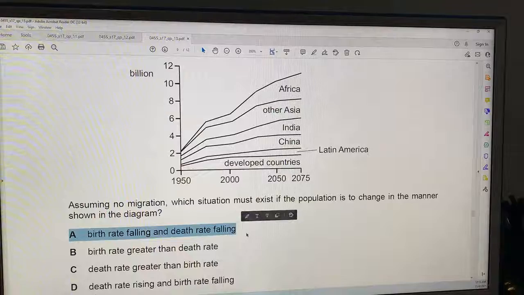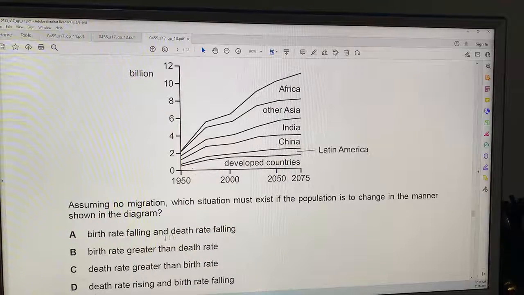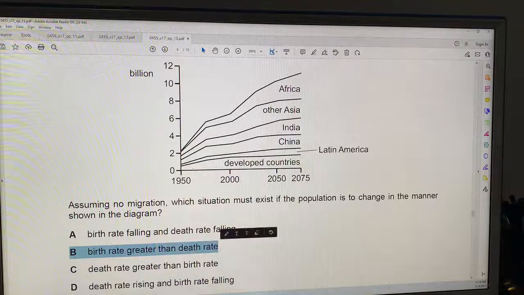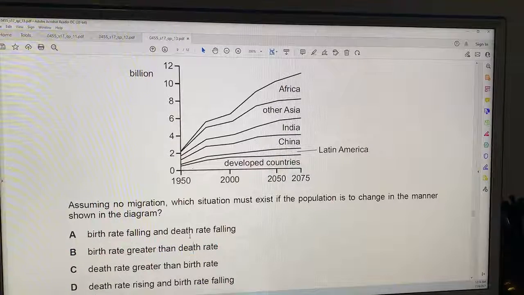And A says birth rate falling and death rate falling. For populations to increase, if the birth rate is falling and the death rate is falling, we don't know how much each one is falling, then we don't know the end result. So this is not the answer. Let's see. B is birth rate greater than death rate.